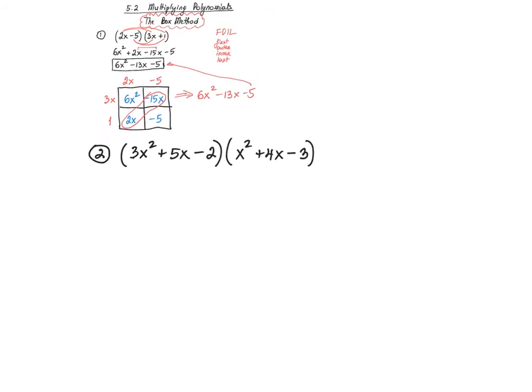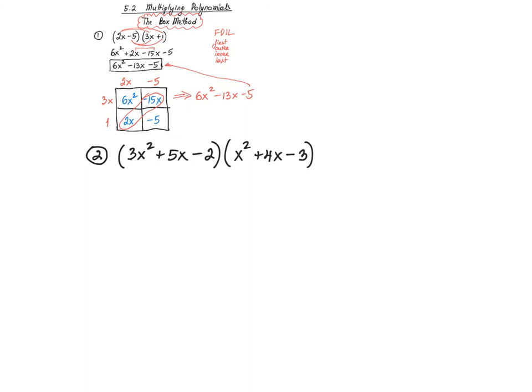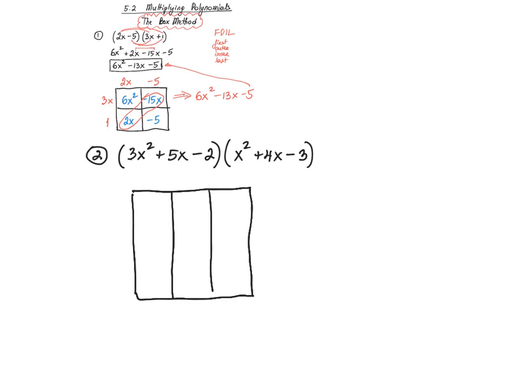So what would the box method look like for this problem? I will need a box that has 3 rows and 3 columns because I have a trinomial in each case. Here it is. I'm creating my playing field here. I am going to write terms of my first trinomial above the box.